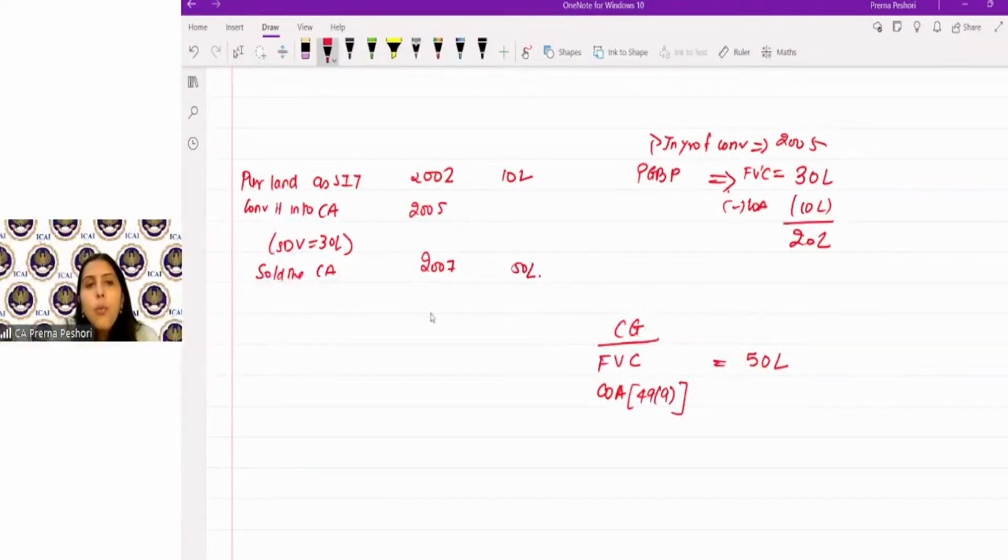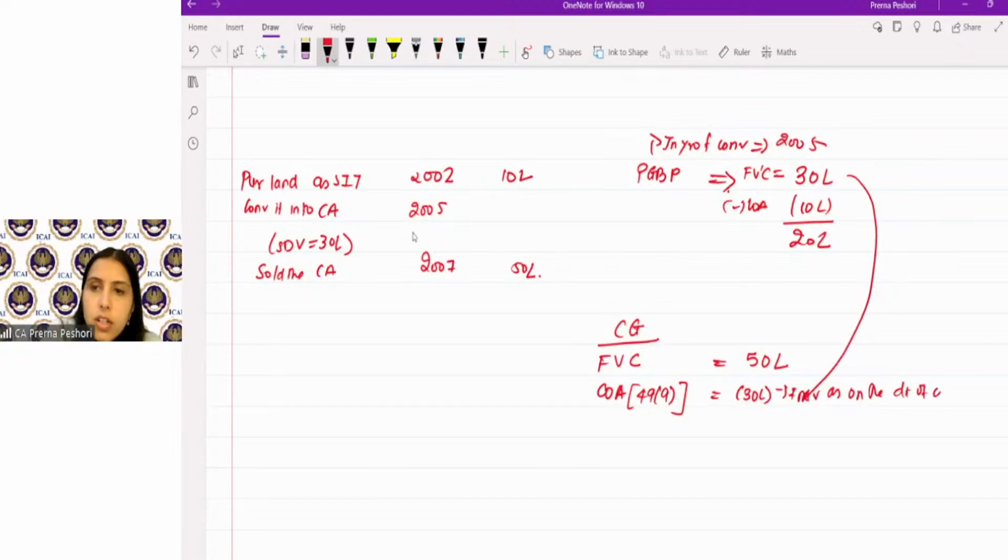What does it say? Where the capital gain arises from the transfer of a capital asset under section 28(6)(a), the cost of acquisition of the asset will be the fair market value for the purposes of 28(6)(a). So here my cost of acquisition will be this 30 lakhs, the fair market value as on the date of conversion.